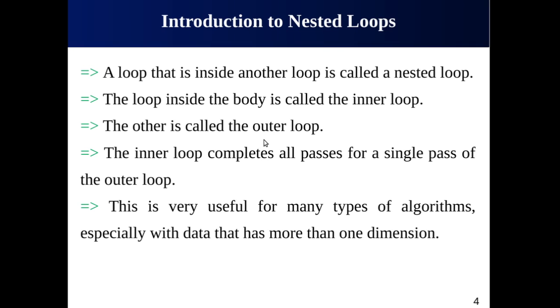We will see in a moment how it works, but for the time being, remember that the execution of the inner loop occurs for each execution of the outer loop.